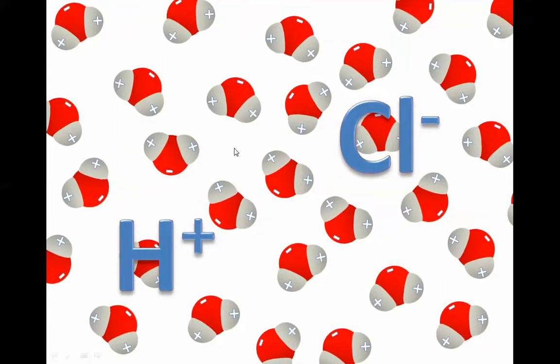So as soon as I put this HCl, or what was hydrochloric acid, in water, the two ions dissociate, separate, and I now have H plus dissolved in the water. This, H plus, the proton, is what an acid is, simply put.